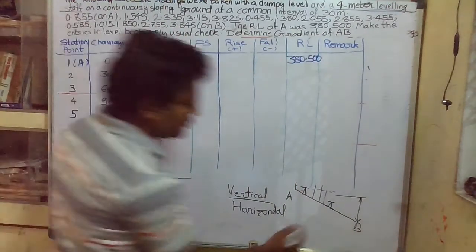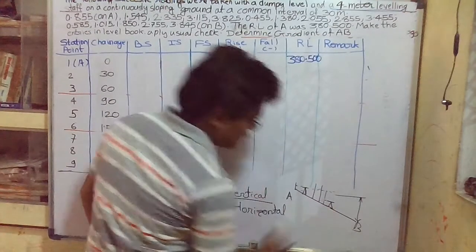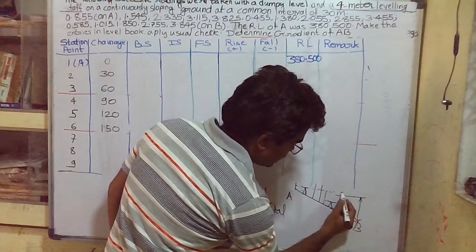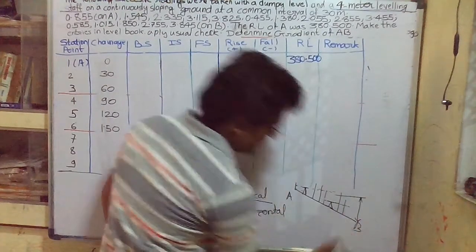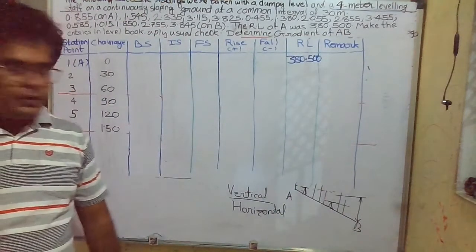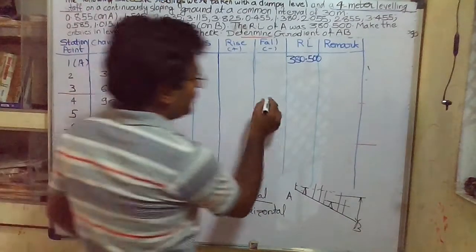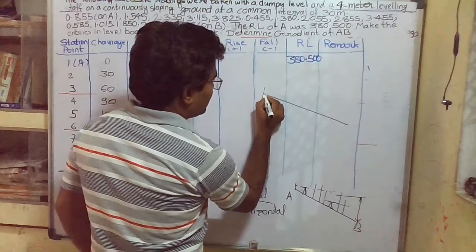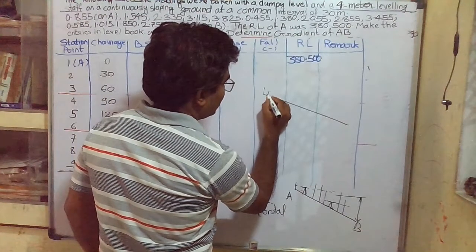Then what we'll do? We'll take the backsight reading again at this point, and continue to take readings like that. This is the sloping ground, and this is our fixed staff length. We have kept the staff here and set the level here.